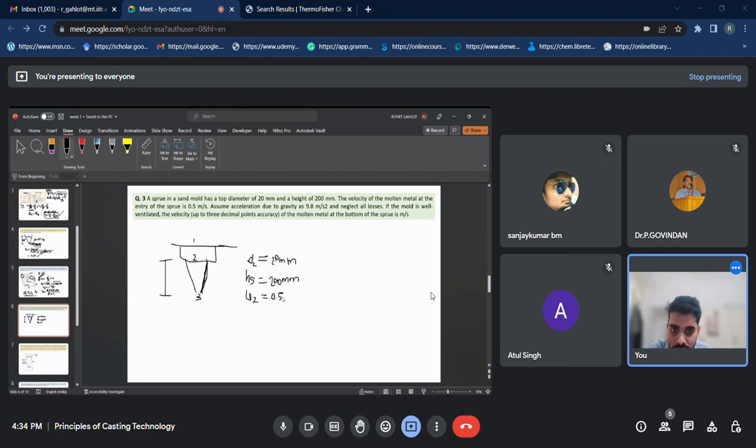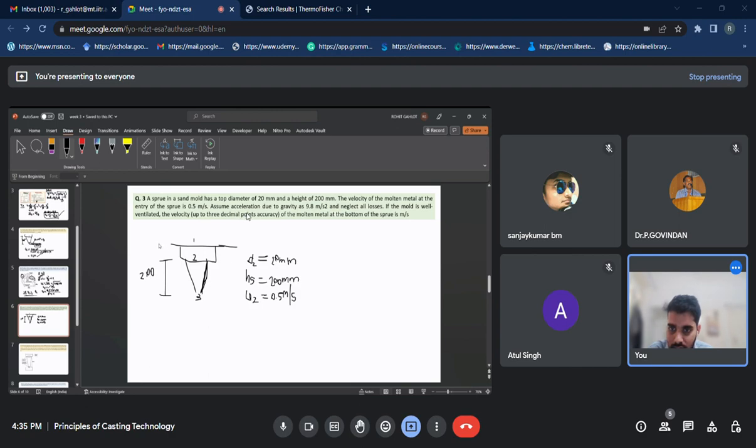And then the velocity of the molten metal at the entry of the sprue is 0.5 meter per second. So this is the sprue, and the entry of the sprue is U2, given as 0.5. Assume acceleration due to gravity is 9.8 meter per second square and neglect all the losses.